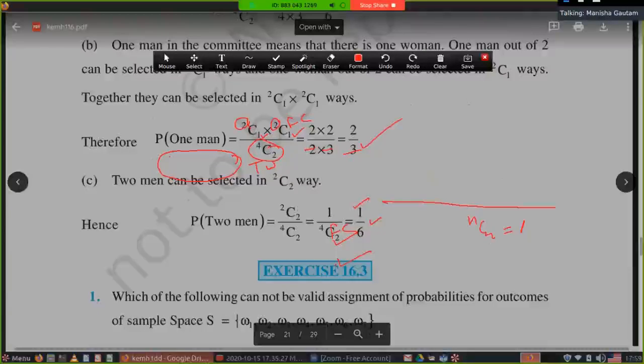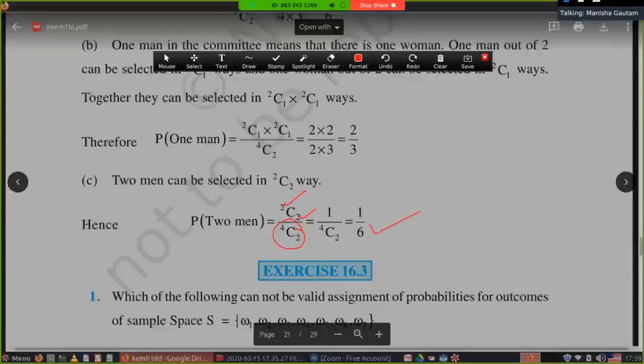Simplified, you are getting 2 upon 3. If 2 men will be there, it means you have to take 2 out of 2 men. Out of 2 men, you are taking 2 men, and 4C2 is the total cases. Probability will be 1 upon 6.